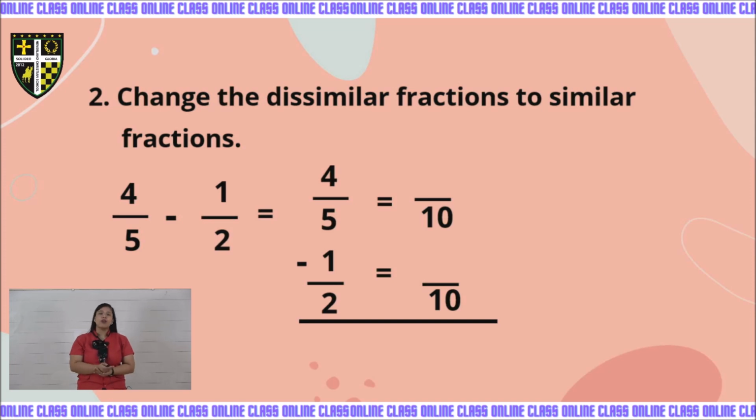Now we will divide the least common multiple by the denominator, and then we will multiply it by their numerator. So 10 divided by 5 is equivalent to 2, and 2 times 4 is 8. Next, we have 10 divided by 2, multiplied by 1, and we will have 5.